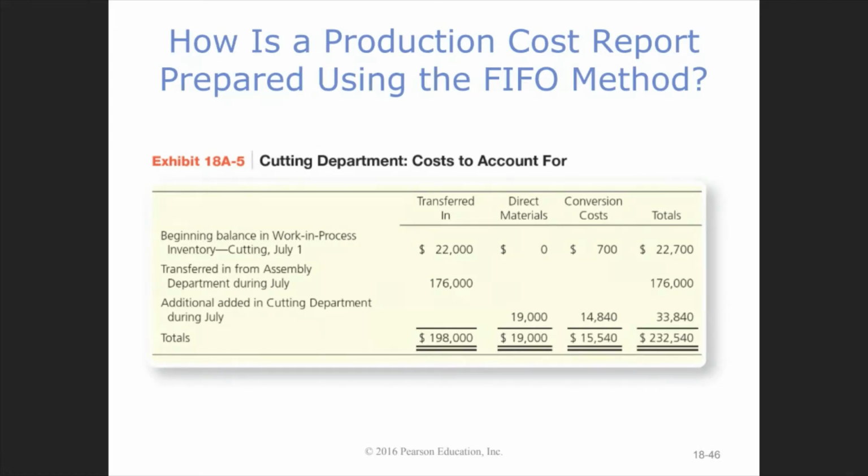For direct materials, we had nothing in our work in process inventory, and then for our cutting department in July, we added in 19,000. For conversion cost, we added in an additional 14,840.